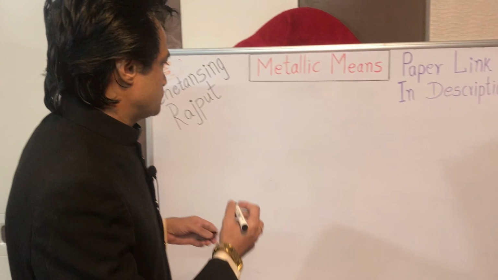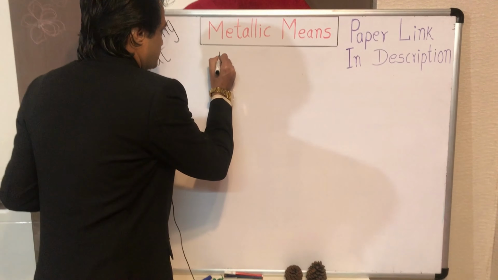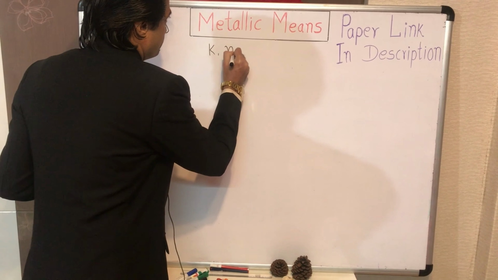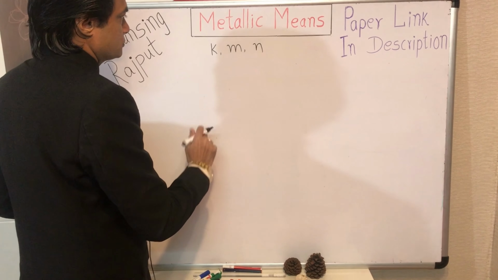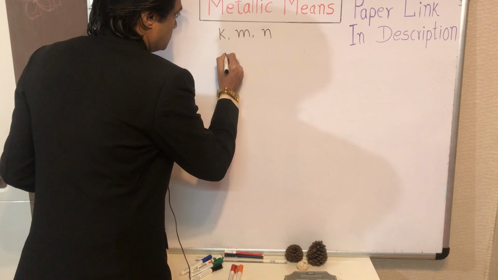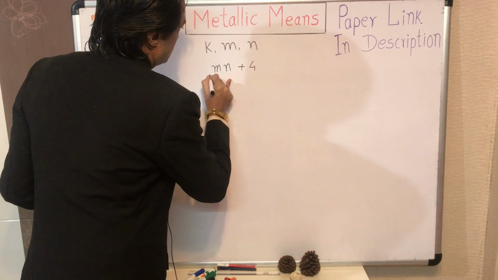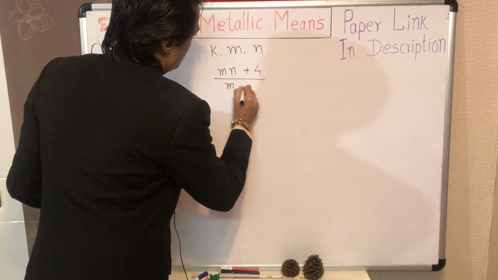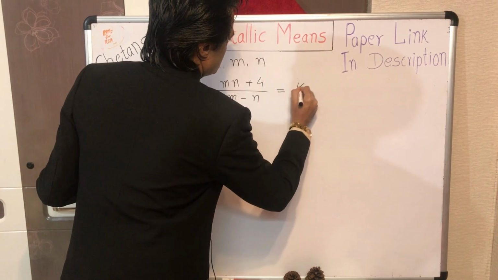Consider any three positive integers k, m and n such that (mn + 4)/(m - n) = k.